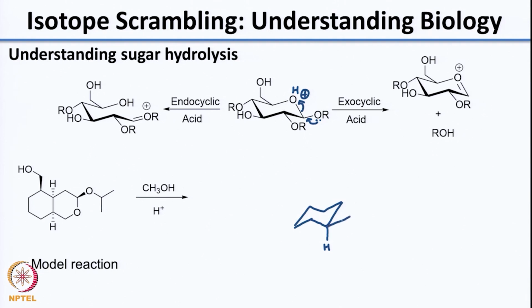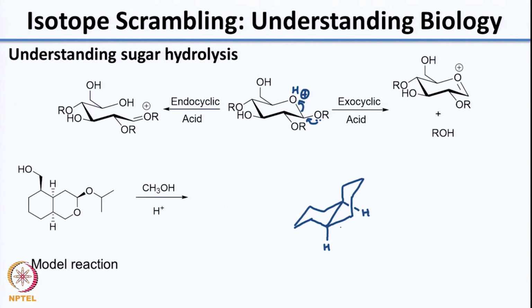This is my equatorial, this is my axial. Then I just need to connect the two and I get my cis decalin, alright. And here now I will redraw the hydrogen I had erased. This is my cis ring junction. Now I have drawn the skeleton of the molecule with the cis ring junction.